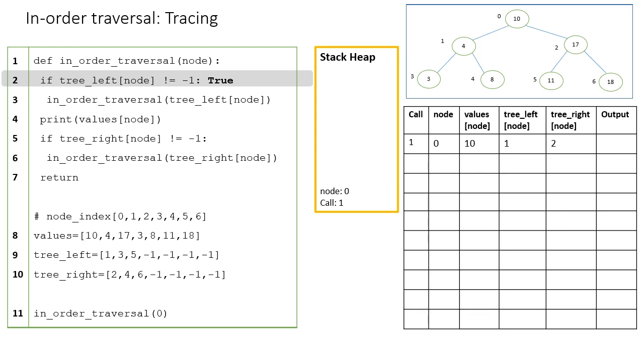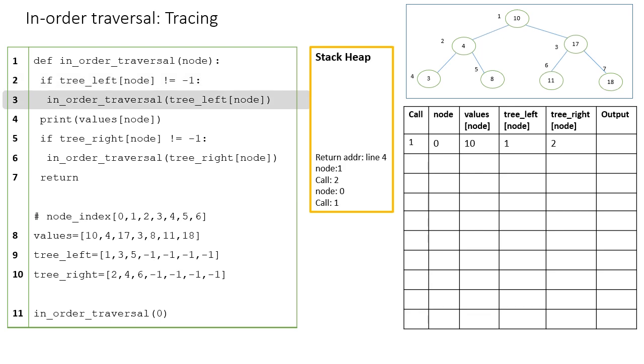Well, tree left node is 1, so therefore it doesn't equal -1, so therefore it's true. So we are going to execute line 3. So on line 3, we make a second call to in-order traversal using tree left node. So that now is value 1.